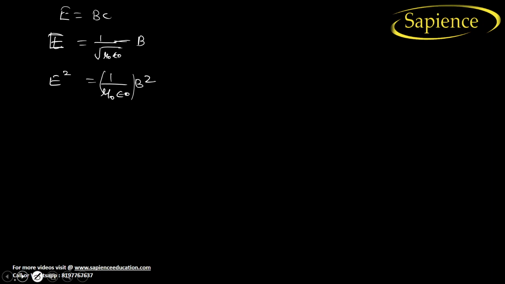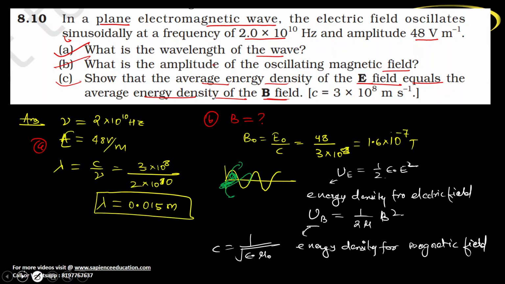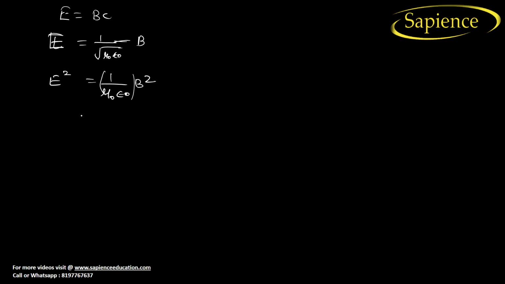Now can we say that epsilon naught into E square is equal to B square by mu naught, right?